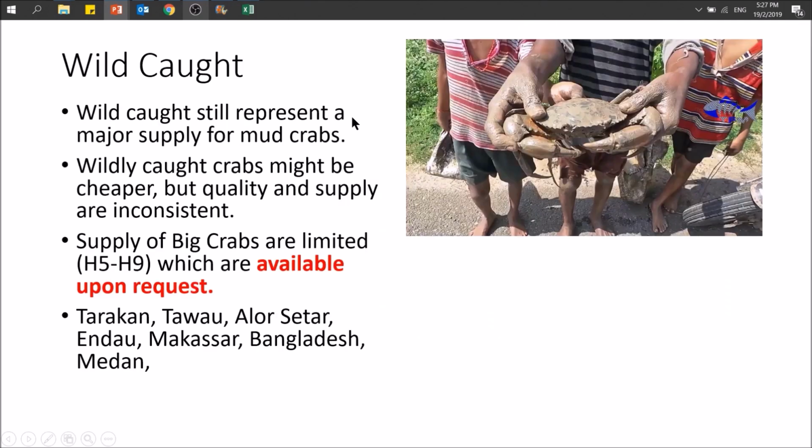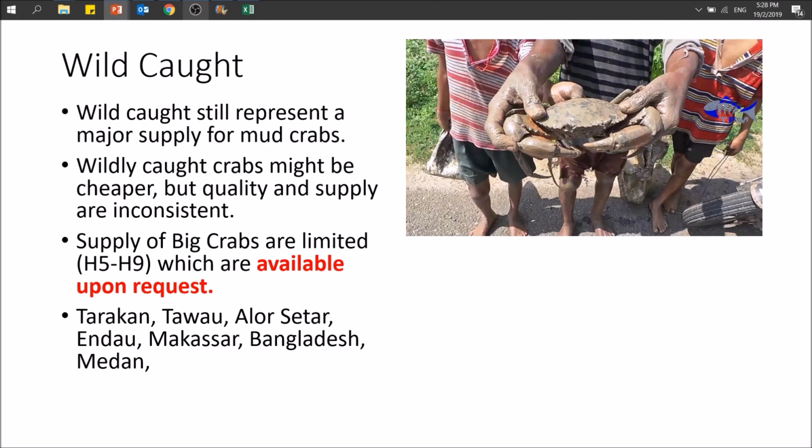Unfortunately, in most parts of the world, wild catch still represents a major supply for mud crabs. This is true for countries like Malaysia, Indonesia, Bangladesh, Sri Lanka, and India. Wild caught crabs are usually cheaper, but their quality and supply are inconsistent and really dependent on seasonal availability.